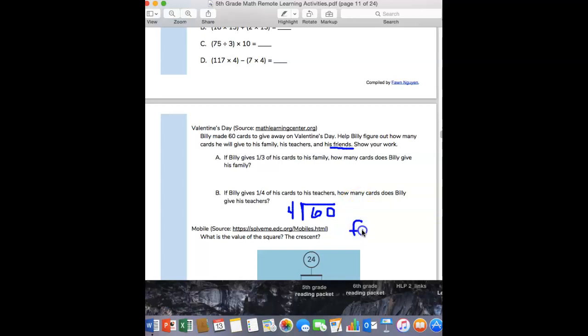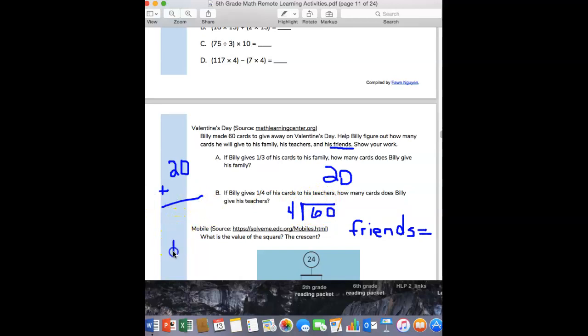What do you think? If we found out that he gave his family 20, and then you have to solve this one, and after you get that, add 20 plus the ones he gave his teachers, this answer, see what you get.